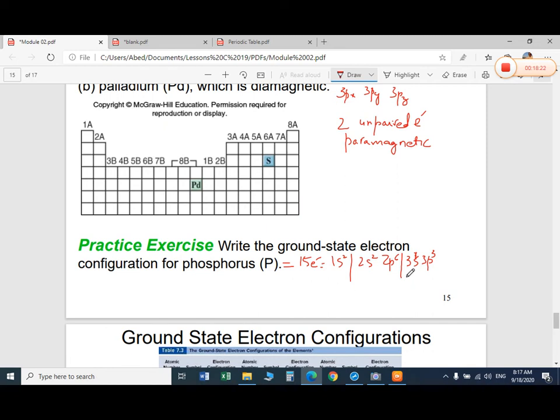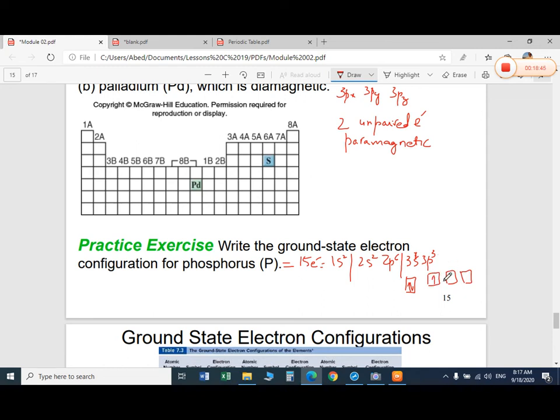So we will make the orbital diagram for 3s here. This orbital has 2 electrons, so they both will be paired, and the 3p the same, 3p here, 3px, 3py and 3pz. 3 electrons are there, they are very lucky.